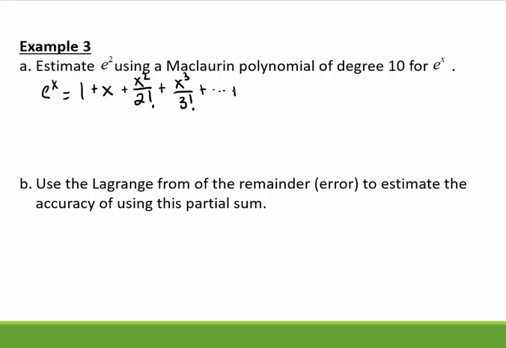Dot dot dot plus all the way x to the 10 over 10 factorial. Now, what is x? X is 2. So I'm really looking for it should be a 2 there.